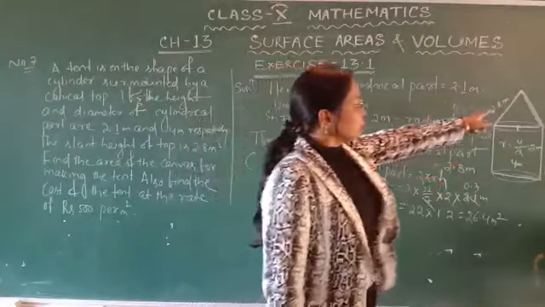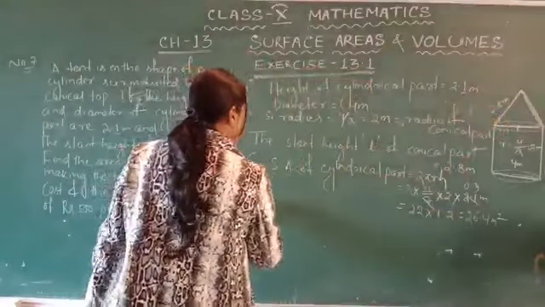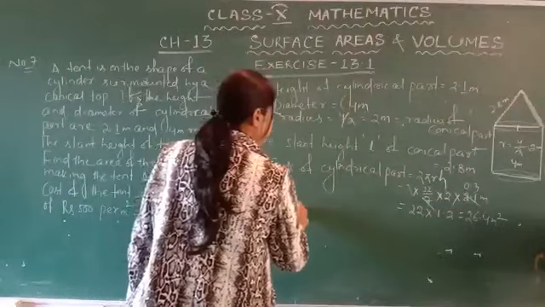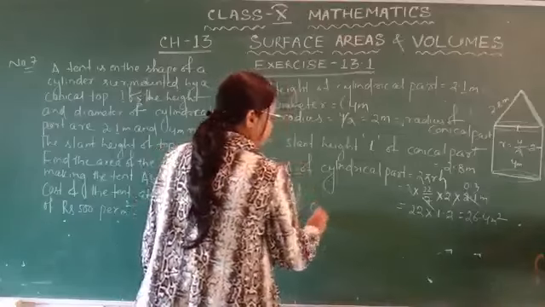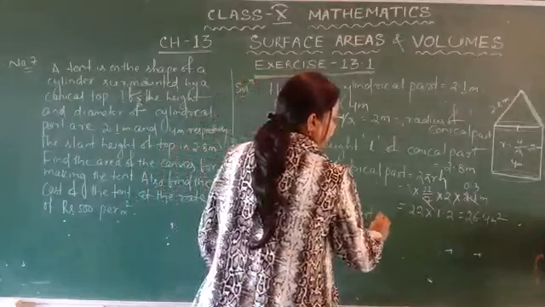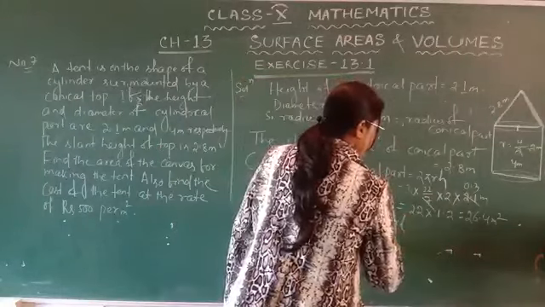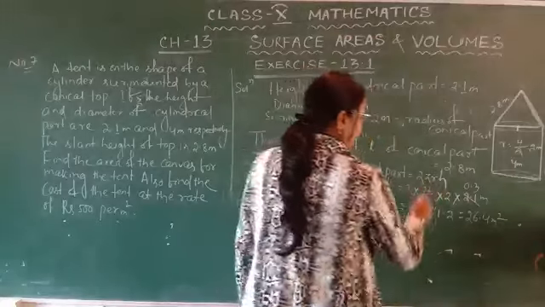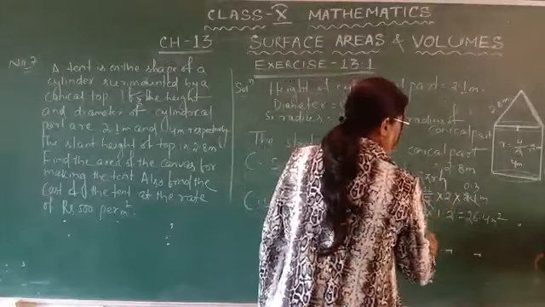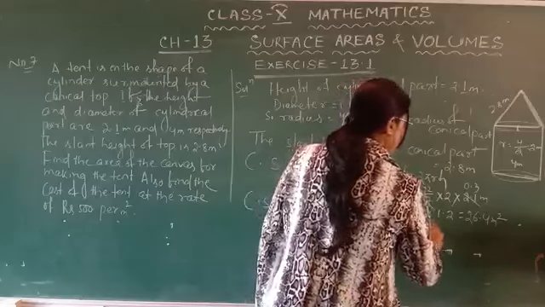Now the curved surface area of the conical part. Curved surface area of the conical part is equal to pi r l, that is 22 upon 7 into r is 2 into l is 2.8. 7 cancel, here it is 0.4.